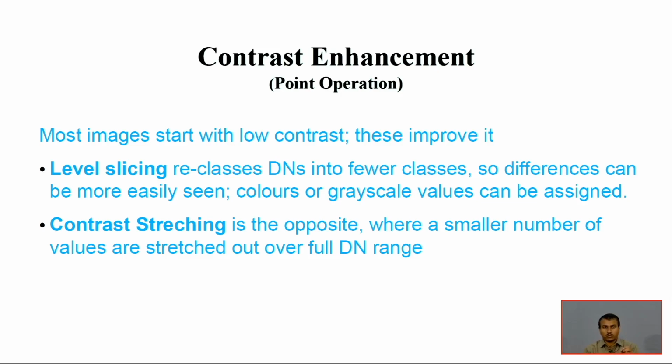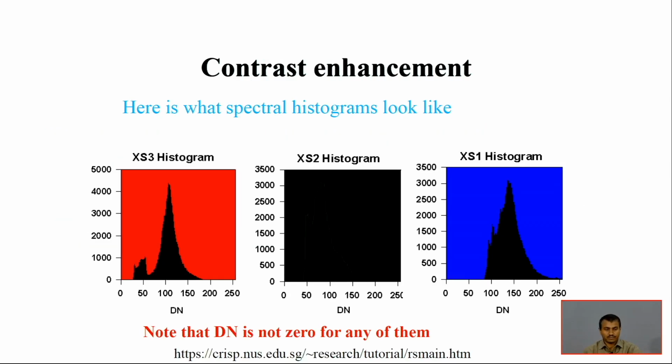From 0 to 255, if the total bandwidth is not used, I stretch it. So, basically a smaller range of values is changed over the whole DN range, and by that I am going to get a better quality image. That is contrast stretching.